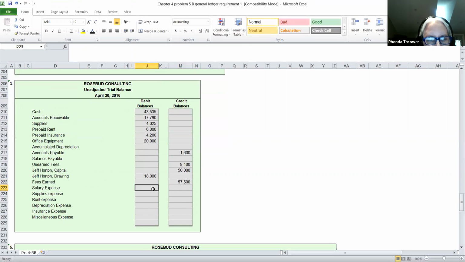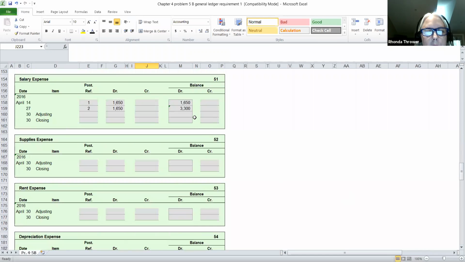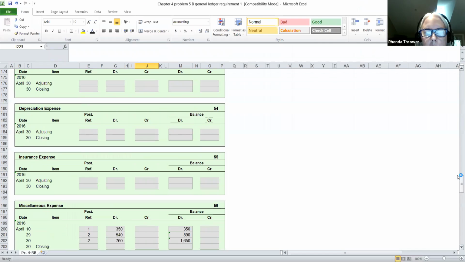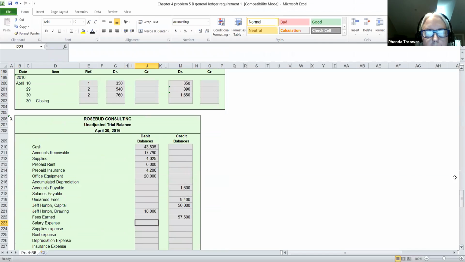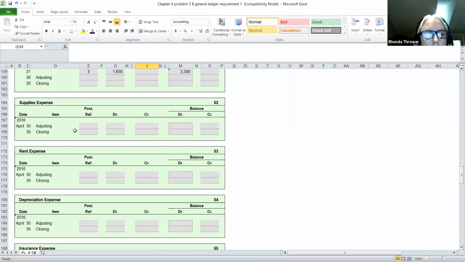And then we're going to swing back over to the debit side to record our salary expense. Salary expense has a debit balance of $3,300 at this time. Then our supplies expense, let's see if we've got anything for that.